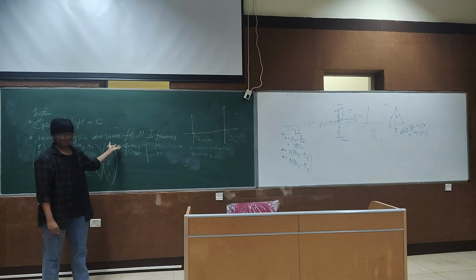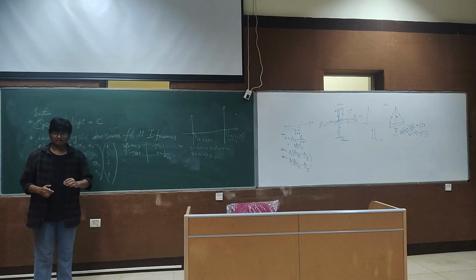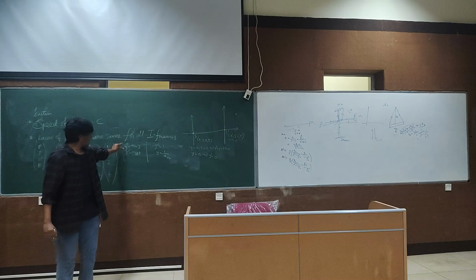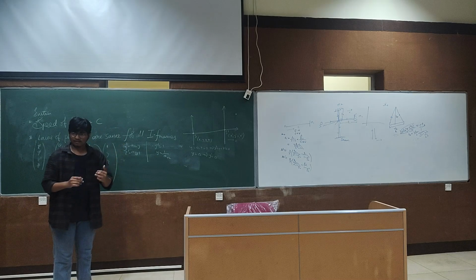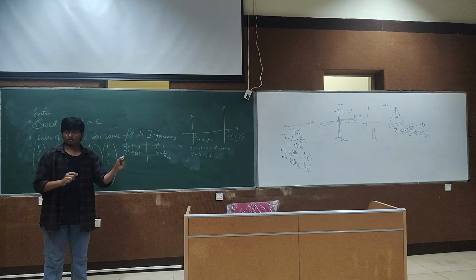With respect to these kinds of transformations, 1 by A22. It is a bit confusing, but in the S prime frame you have a scale moving at a speed, and its length is A22.